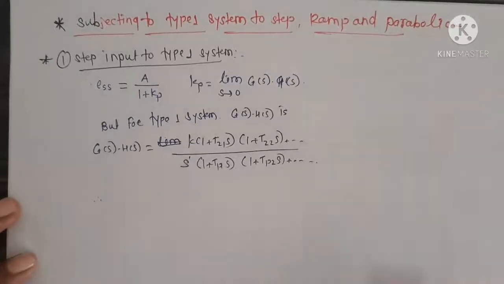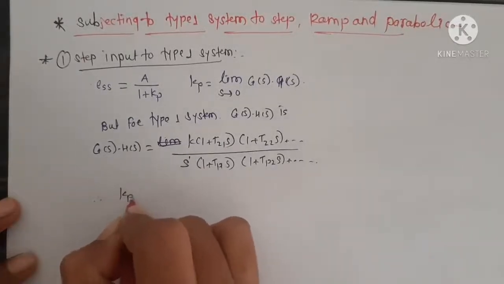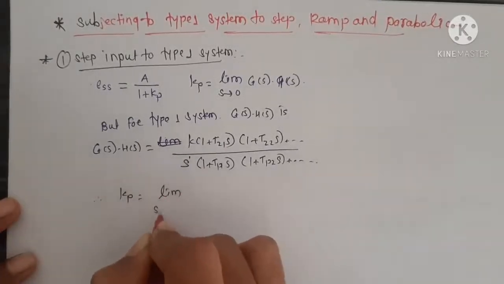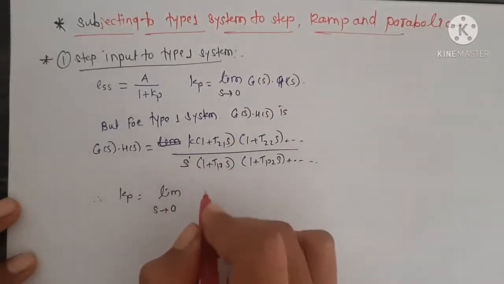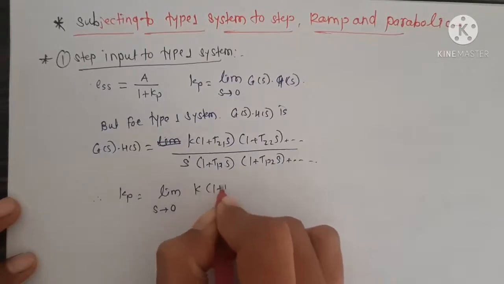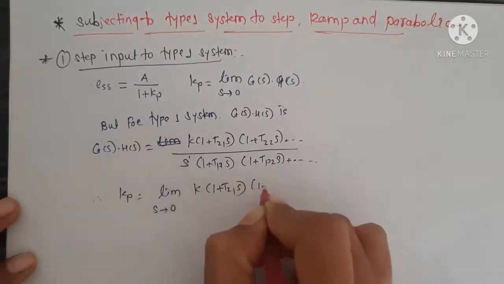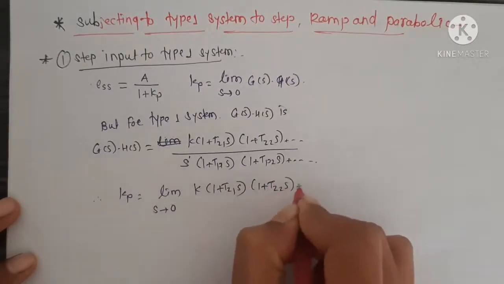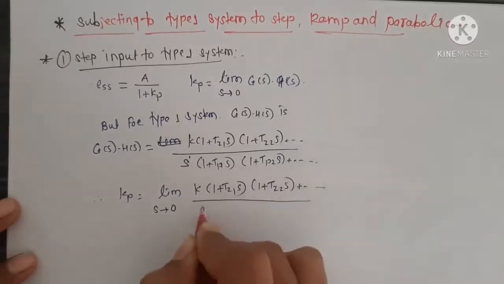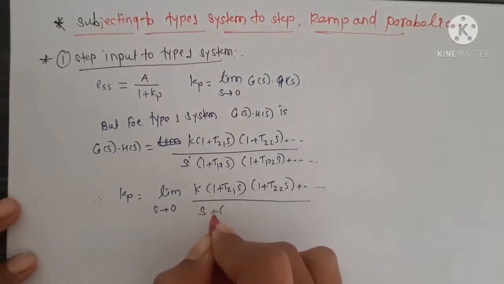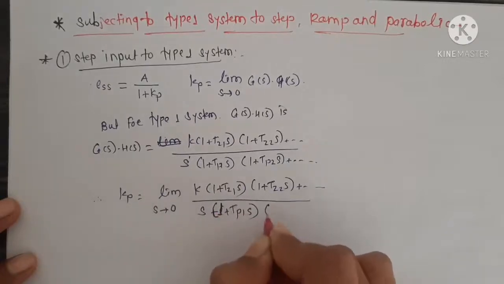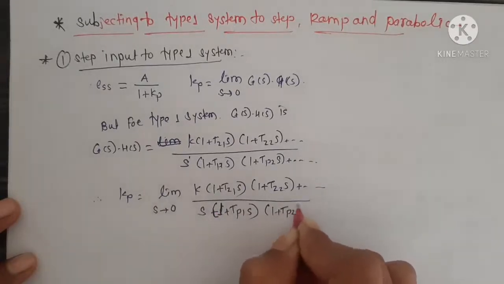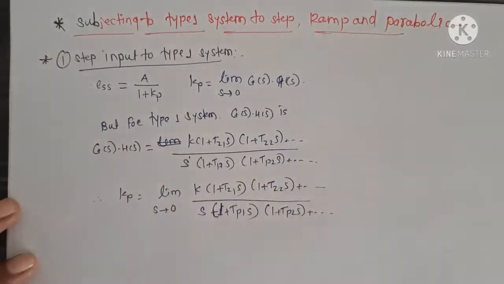Therefore Kp is equal to limit S tends to 0 of G of S into H of S, that is K into 1 plus TZ1S, 1 plus TZ2S and so on, upon S into 1 plus TP1S, 1 plus TP2S and so on.